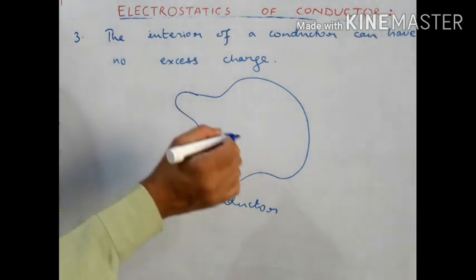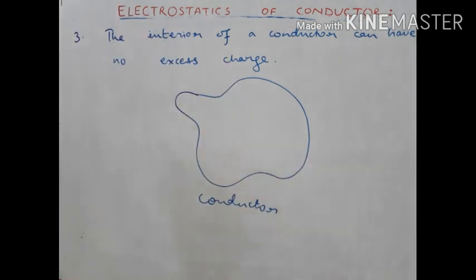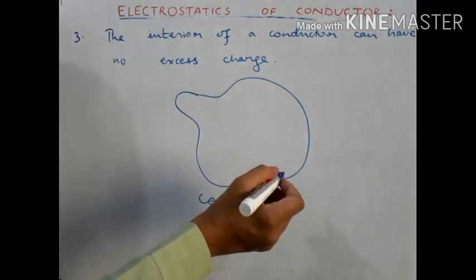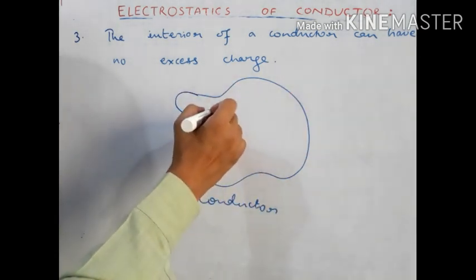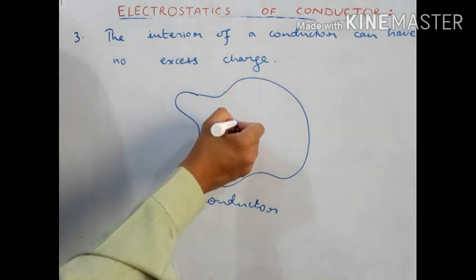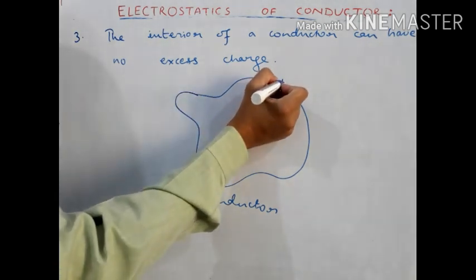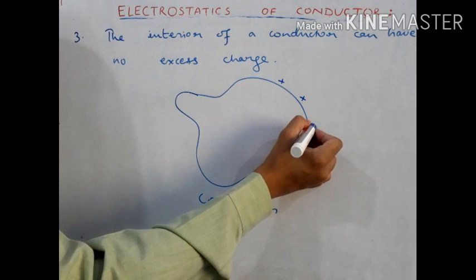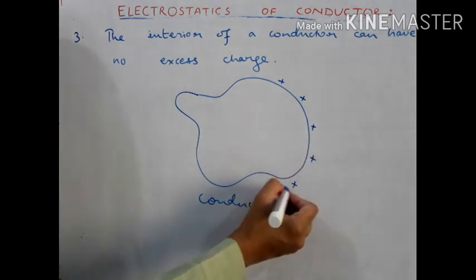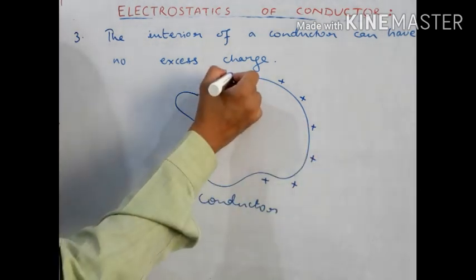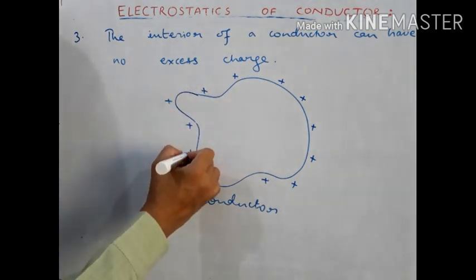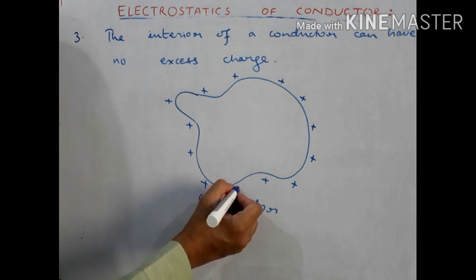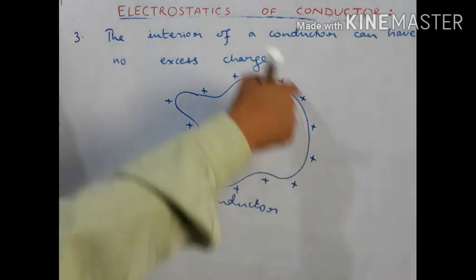Even if it is neutral, suppose we inject some charge into this particular conductor. If we supply some charge by the method of conduction, suppose, then those charges will not go inside the conductor, but they will reside only on its outer surface like this, and it will not stay at a particular place, rather it will distribute throughout the surface of the conductor. That means charges will reside only on the outer surface of the conductor.